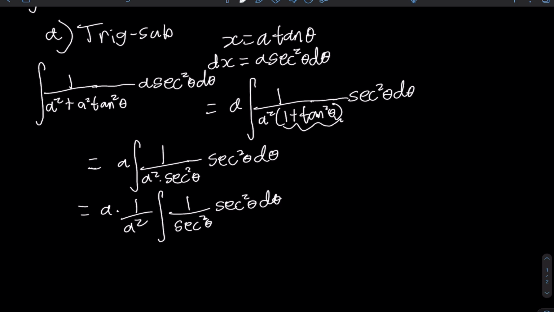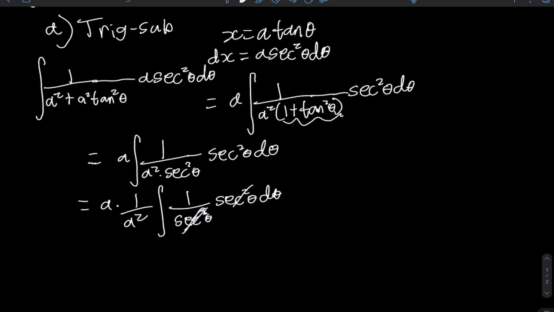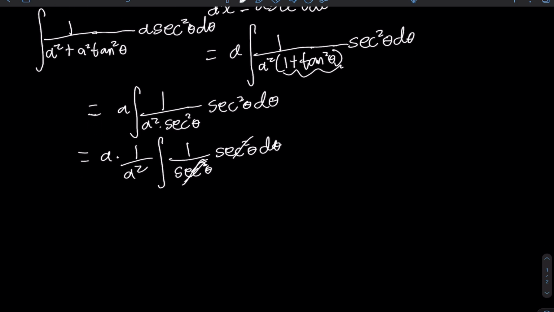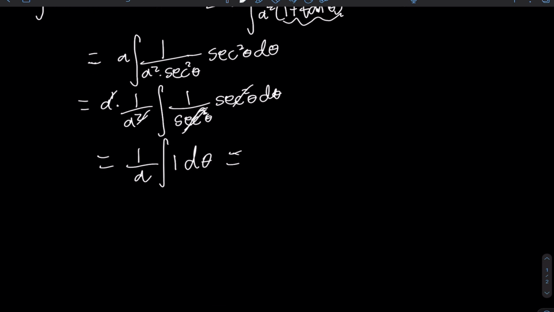Very nicely, this secant squared theta and this secant squared theta cancel exactly, so we're just left with 1 in the integral, and this a is to the power of 1, so it would cancel, and you would be left with 1 over a times the integral of 1 in the theta world. This of course would produce 1 over a times theta.